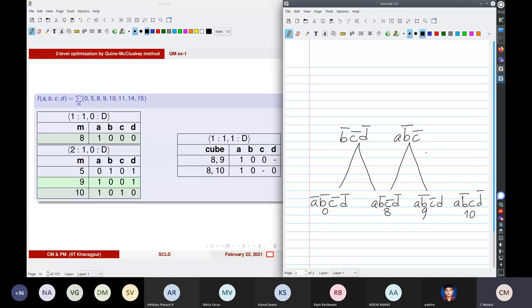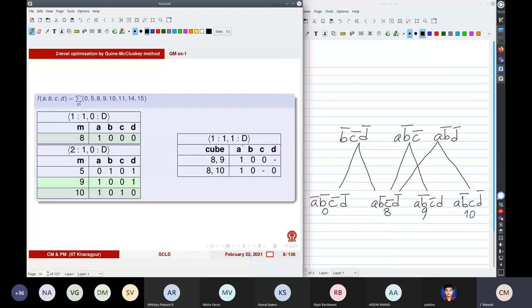Sorry about that. When I combine these two, I get A, B bar, D bar.